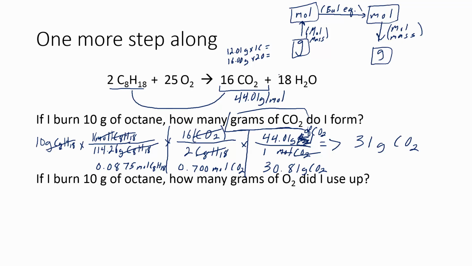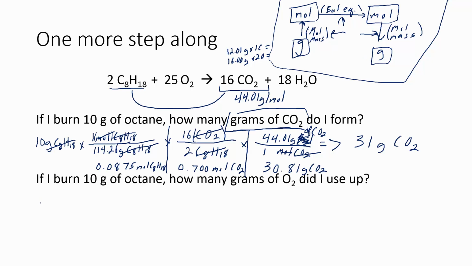If I have to do this whole craziness where I go all through the steps, grams to moles, moles to moles, moles back to grams. And so this kind of flow chart I found helps us to keep in mind where we're at and where we're going and what steps we need to take along the way to get there.